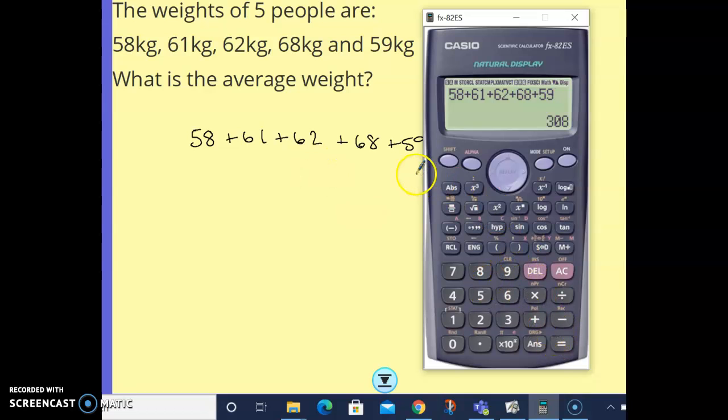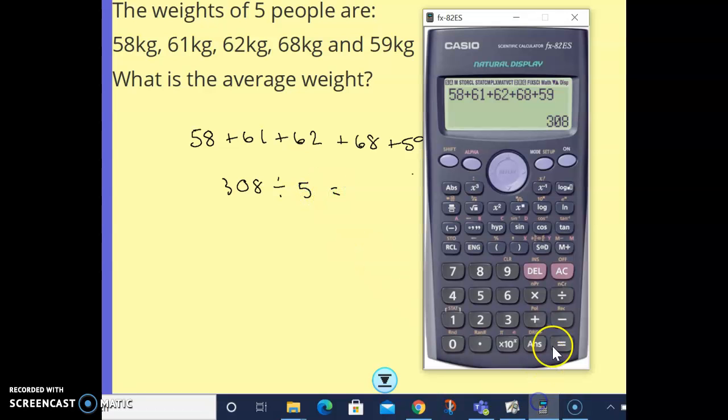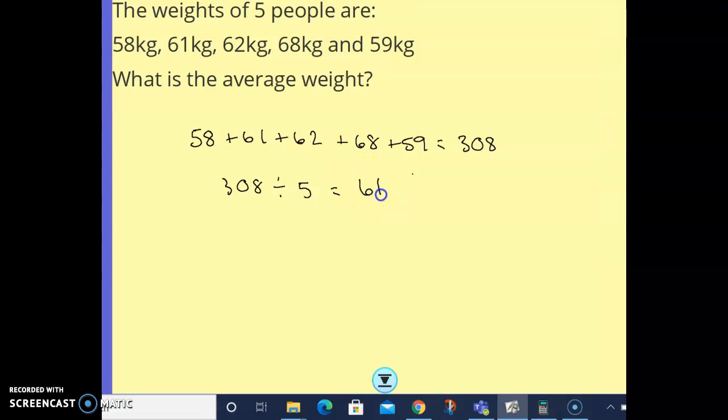That comes out at 308. There are 5 people, so we're going to divide by 5, which is 61.6.